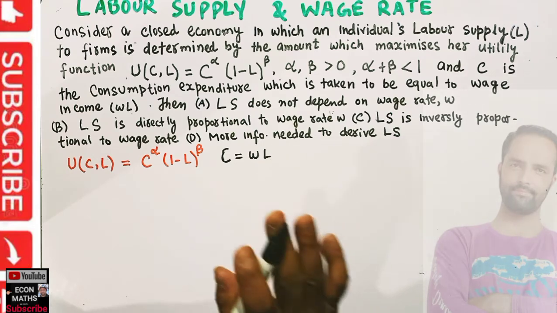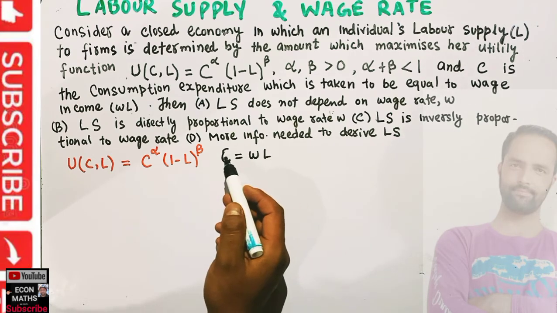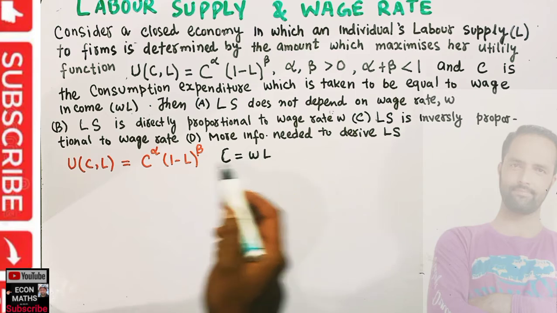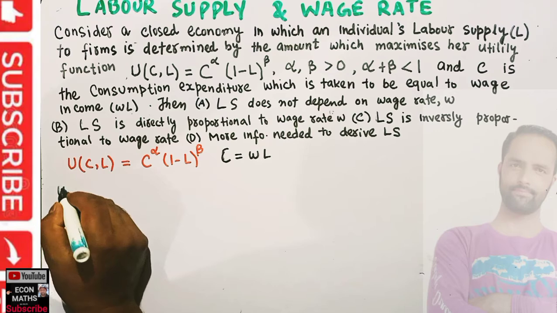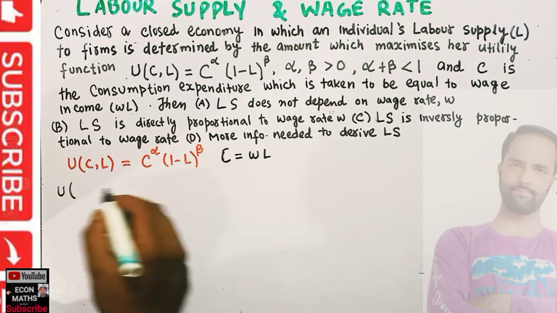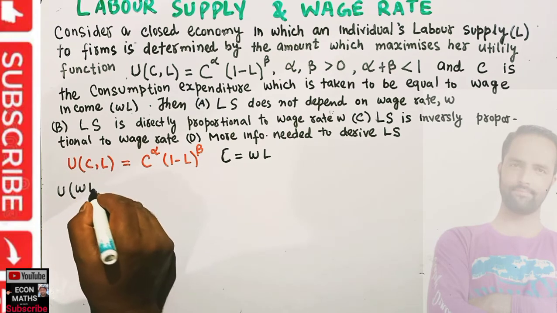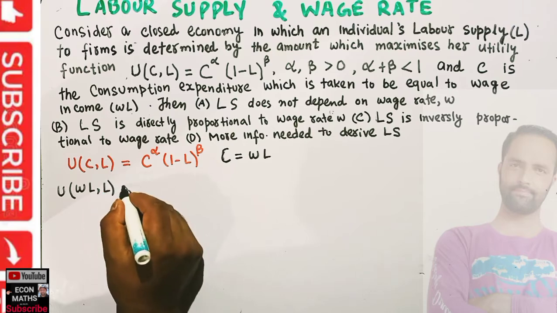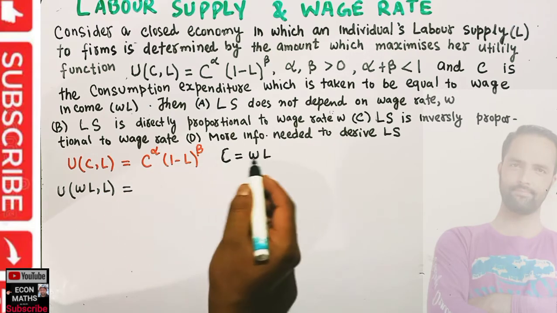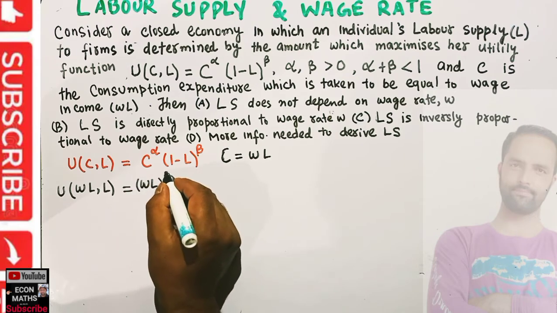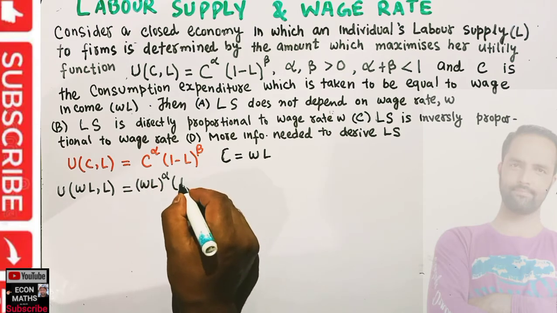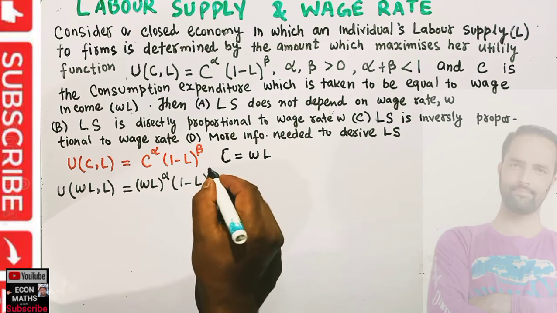What will we do here? We just plug C equal to WL into this utility function, so our utility function will look like this. In place of C we have WL, so U is equal to (WL) raised to the power alpha times (1 minus L) raised to the power beta.